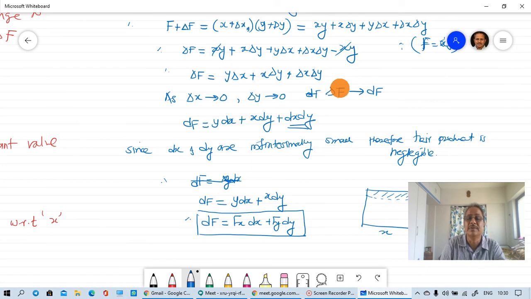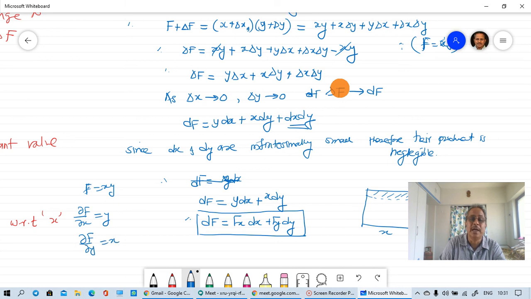This function f is going to be xy. So get the differential of f with respect to x, you will get y. Get the differential of f with respect to y, you will get x.